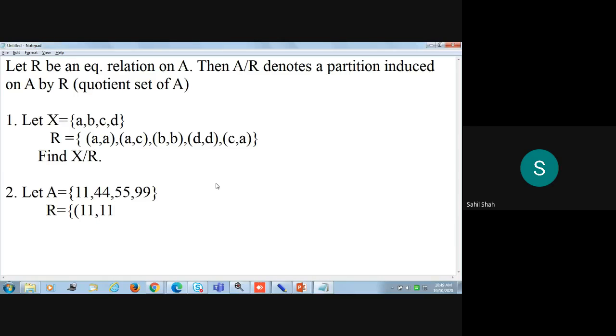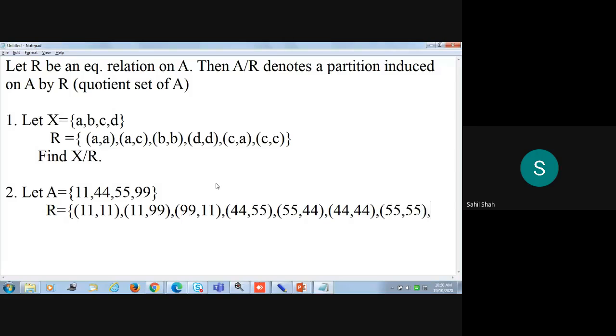We are having pairs: (11, 11), (11, 99), (99, 11), (44, 55), (55, 44), (44, 44), (55, 55), (99, 99).